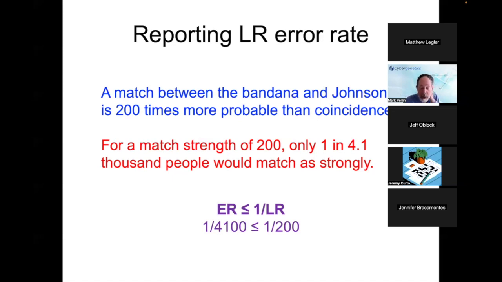I'm not going into it, but there's a concept that whatever the likelihood ratio is, the error rate is bounded by 1 over that number. If the likelihood ratio is 1,000,000, the error rate from a Bayesian system can't be more than 1 in 1,000,000. It could be 1 in a trillion, it could be 1 in a billion, but it's not going to be 1 in 100. And in this case, we see that the likelihood ratio is a bound of 1 in 200, and the error rate of 1 in 4,100 is less than that.